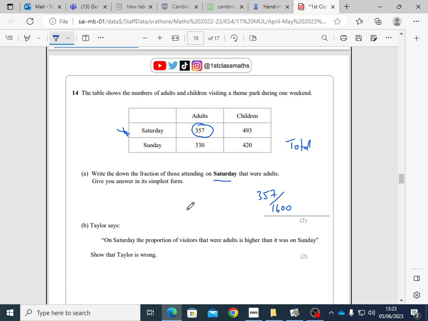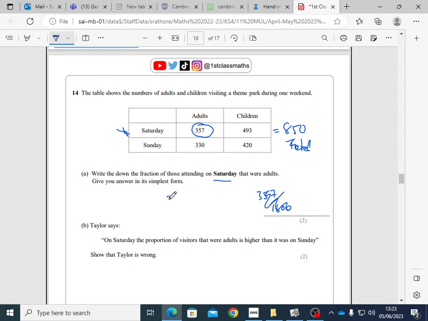Wouldn't that be over 850 though? Write down the fraction of these attending on Saturday. Oh, sorry, attending on Saturday, my bad. Yes, you're right. So that plus that is going to be, is that 800? 850, my bad. I read it wrong.